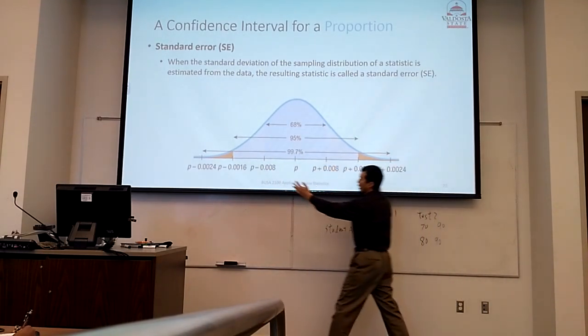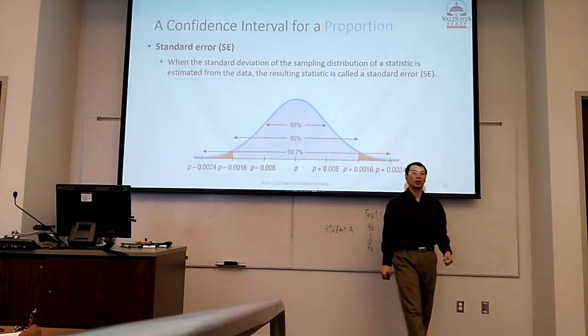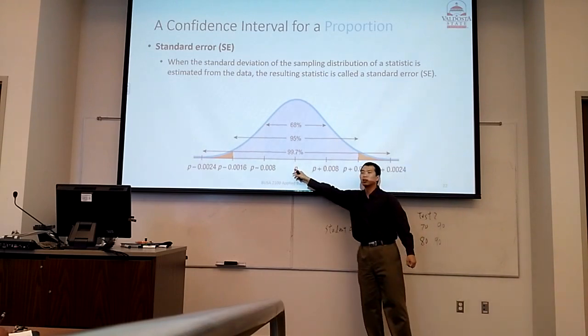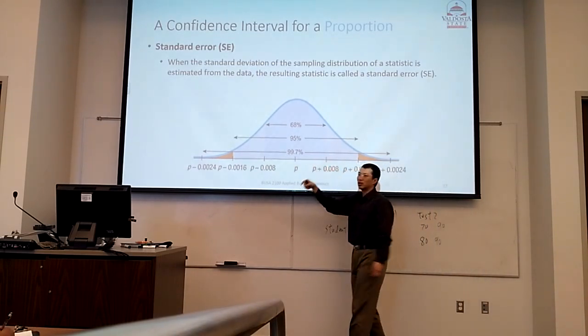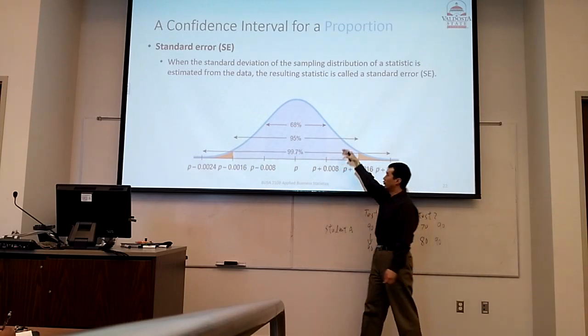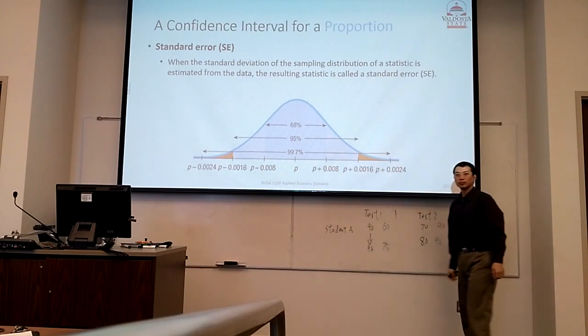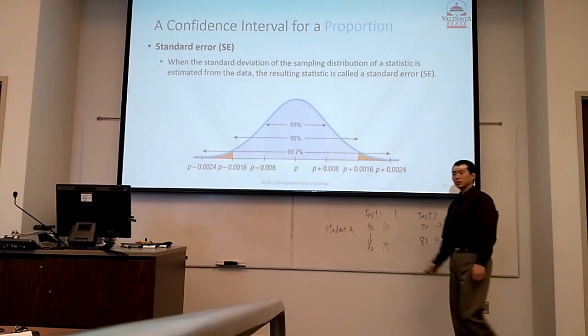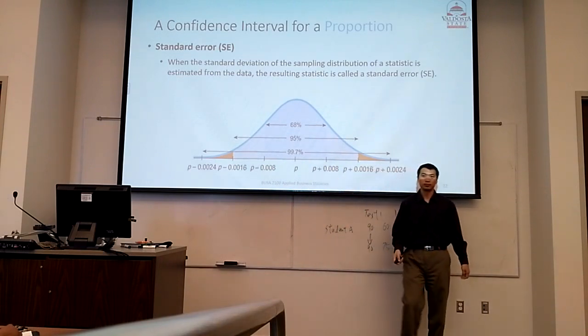And if we look at two standard deviations away from the true population parameter, although we still don't know where this is located, we know 95% of that kind of sample will fall into this area. So that's where we put our standard error.